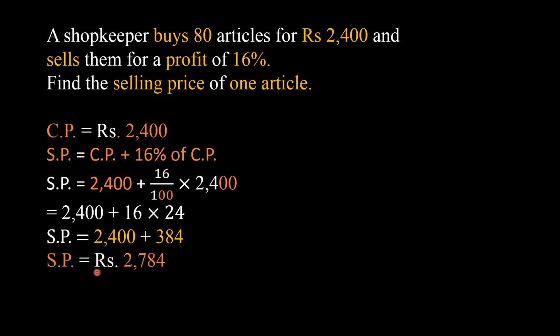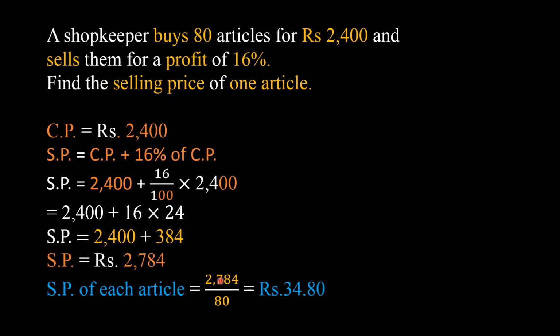Since the selling price is greater than the cost price, the shopkeeper makes a profit, and the selling price of each article will be 2784, which is this, divided by 80, which is the total number of articles. It will give us rupees 34.80, which will be the selling price of one article.